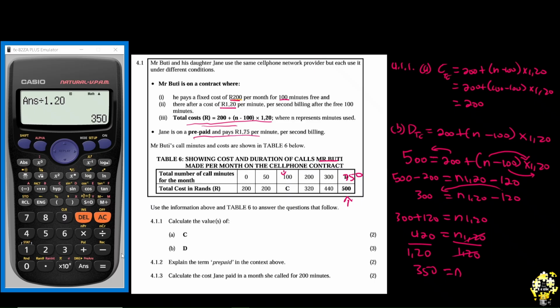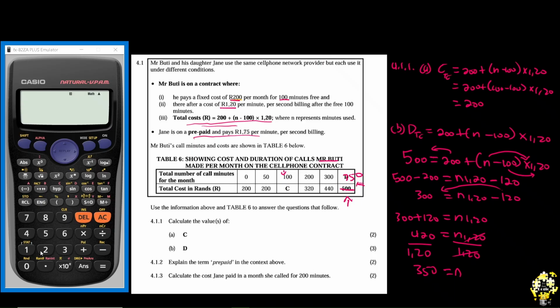See? Transposing or changing the subject of the formula, which is something that we have done here, and we can prove it. How can we prove? Let's put this all into the calculator. So let's say we didn't know that the cost was 500, but we knew that indeed it was 350 minutes that were used.